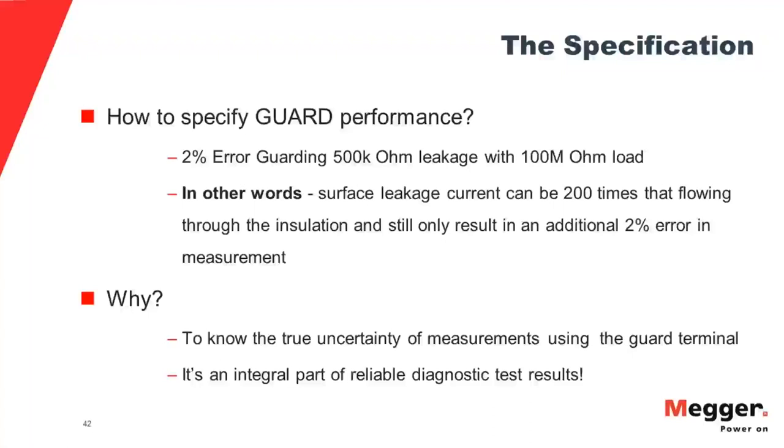Our particular products have a 2% guard terminal error, so they're not contributing very much to your reading when they're engaged. But on the other hand, you want to be able to maintain your arc flash protection. And so always look for that in your specifications.